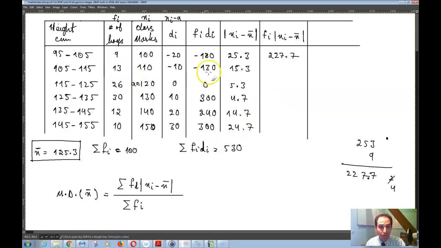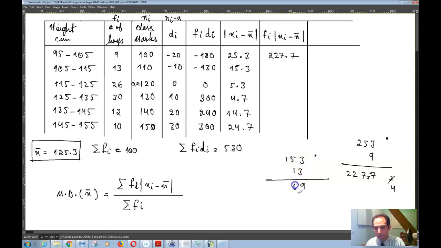13 times 15.3, f of i times, basically this is 13 times 153 with the decimal point.